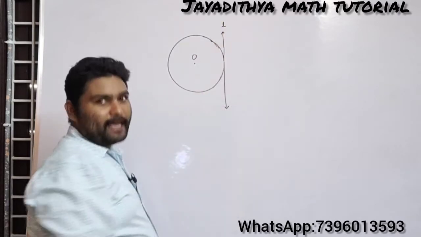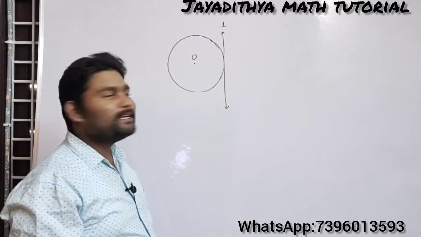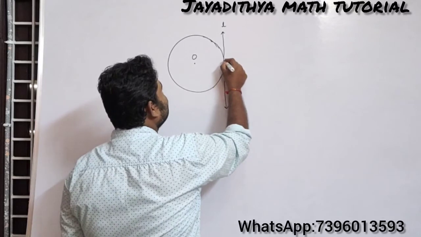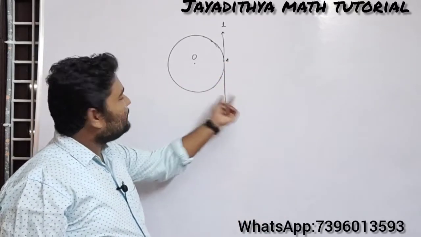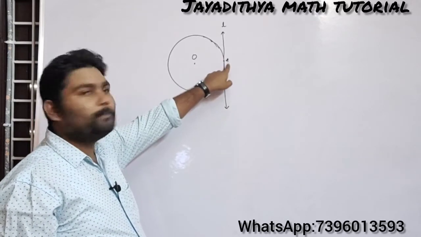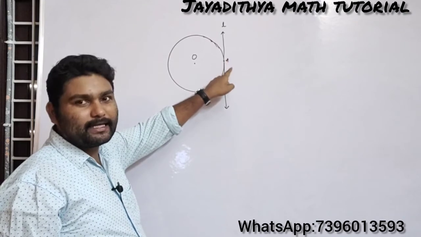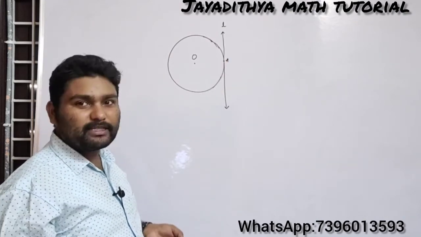I am taking it as L1. Tangent is a line which touches the circle at one point. So if you observe, L is the tangent to a circle with the center O at point A, on the circle. This A is known as the point of contact, which we discussed in our previous class itself.